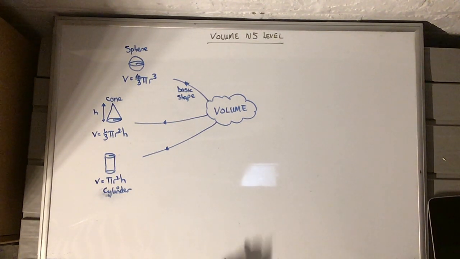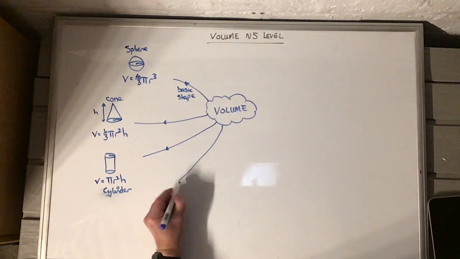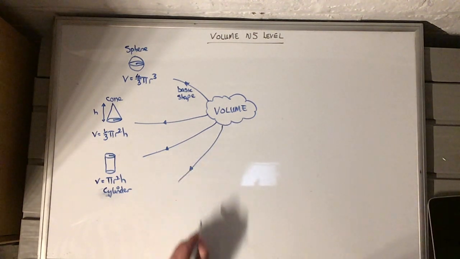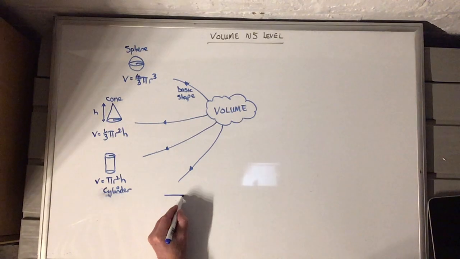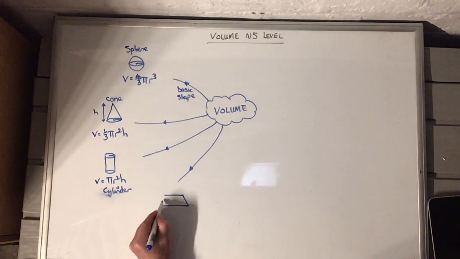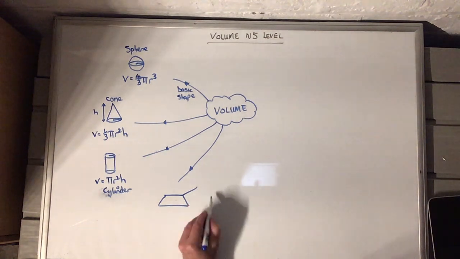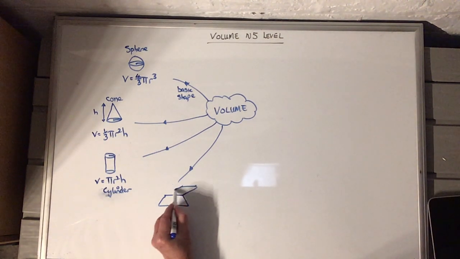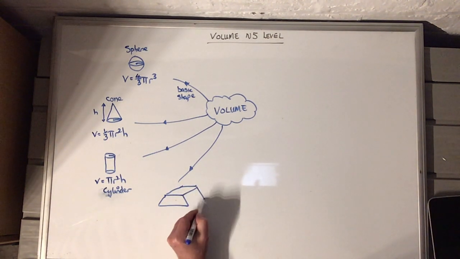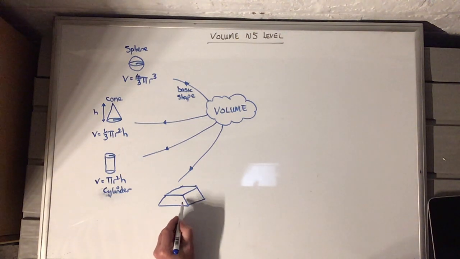Any other shapes? Well, if we've got a prism shape, now I'm just going to draw a prism. Prisms come in all sorts of shapes, but for a prism, essentially what we have is the cross section. I'll show you what cross section is in a wee minute.